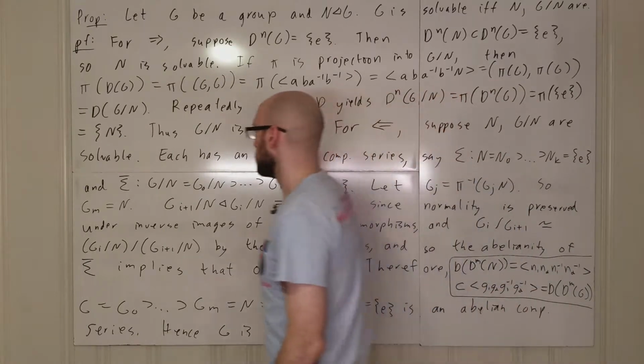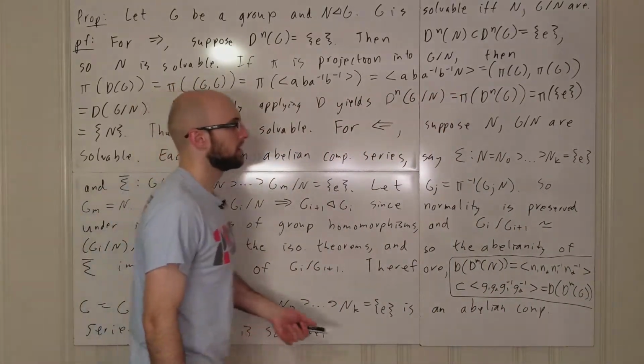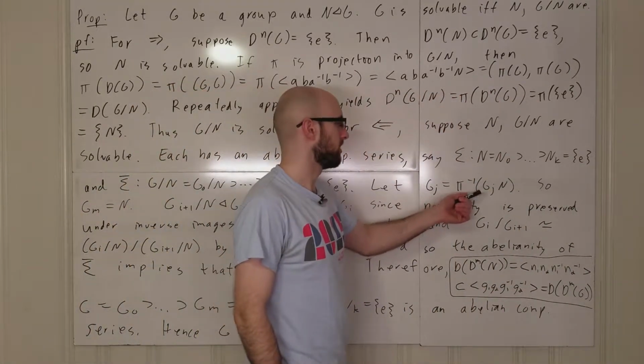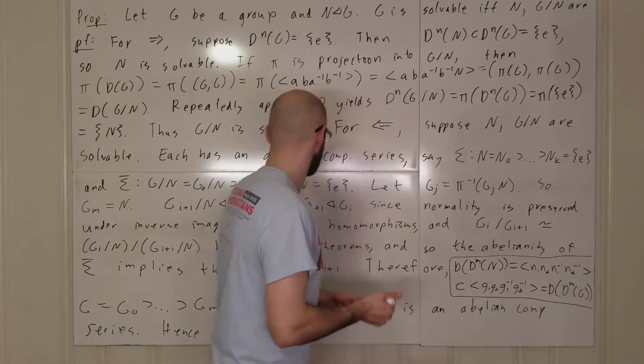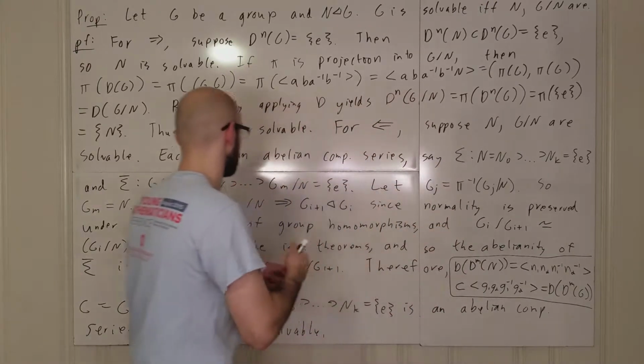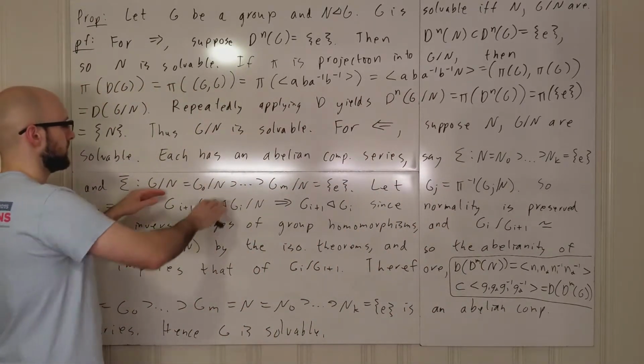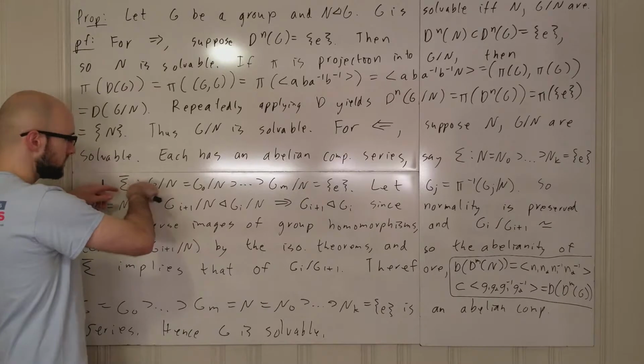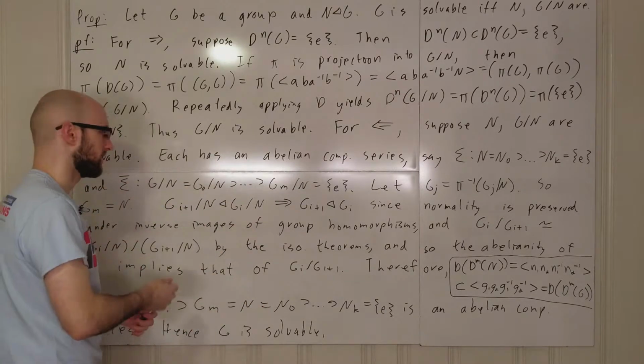So what you do is you let G_j be the inverse projection of the coset G_j mod N.